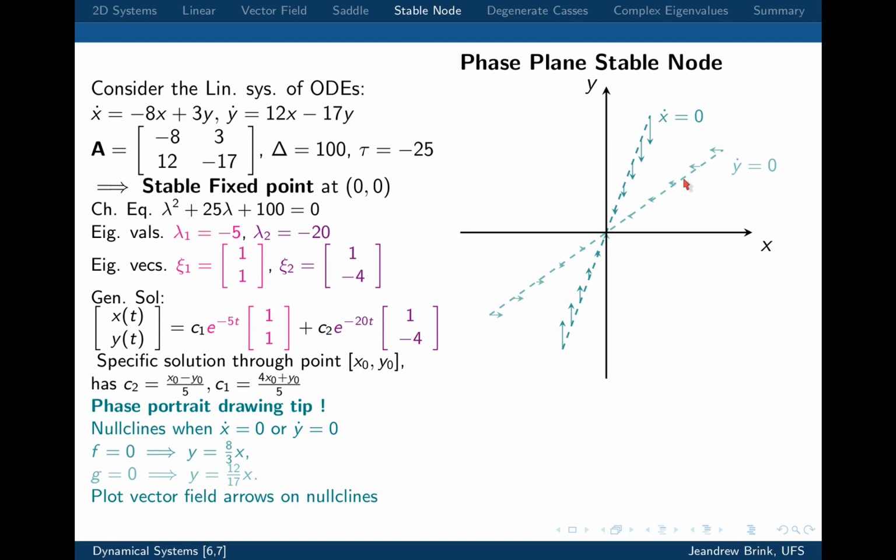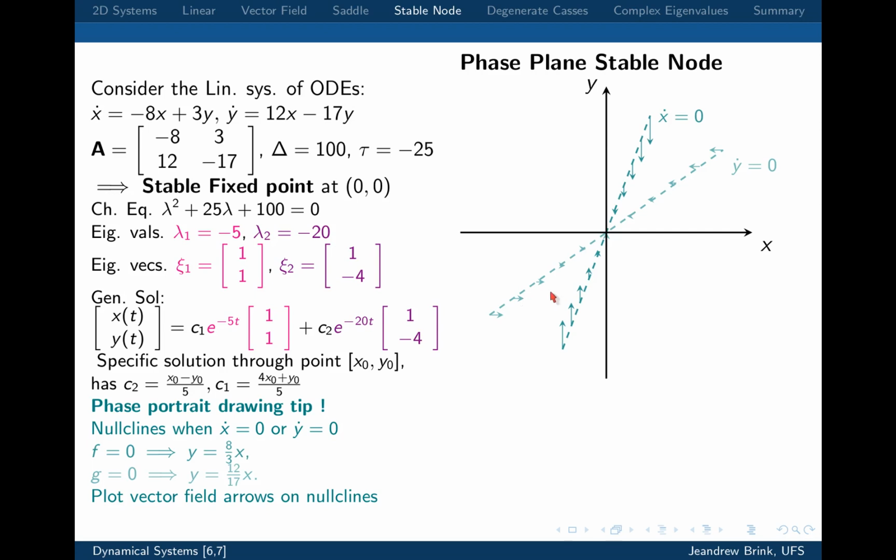So if x is positive, the arrows on the y dot equals 0 line are negative, they want to move that way, and when x is negative, x dot wants to increase, it wants to move that way.